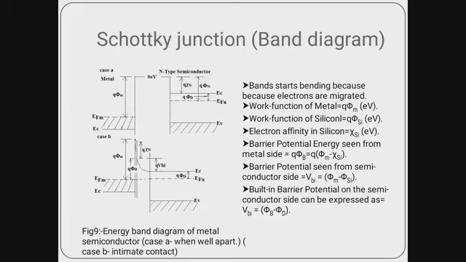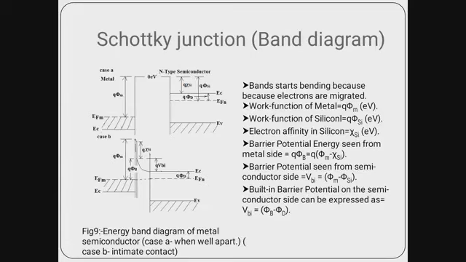The vacuum level, in physics, refers to the energy of a free stationary electron, that is, outside of the metal. That means here the electron energy will be 0, and this is called the vacuum level, electrons with 0 energy. So this is the basic work function.